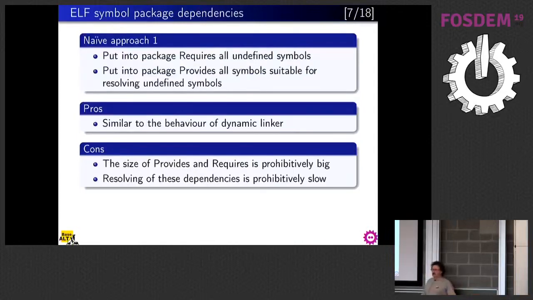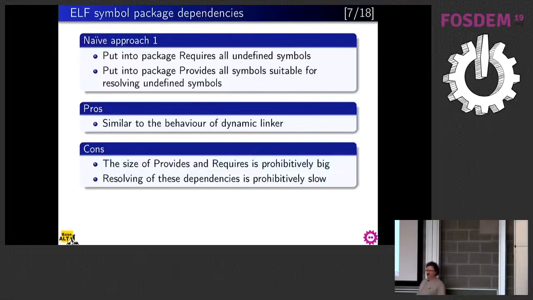So the first naive approach would be just to put all these undefined symbols into requires of packages and put all symbols that could be used for resolving this into provides. This is more or less similar to the behavior of the dynamic linker. Why do I say more or less?